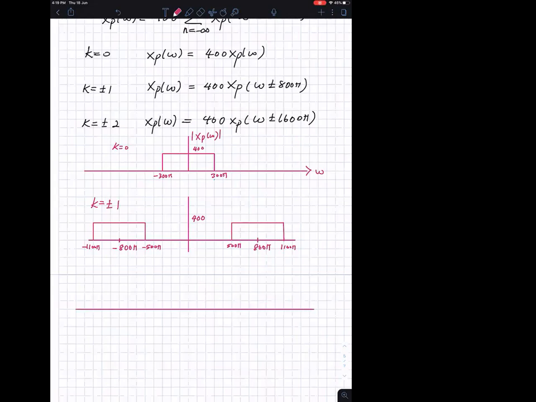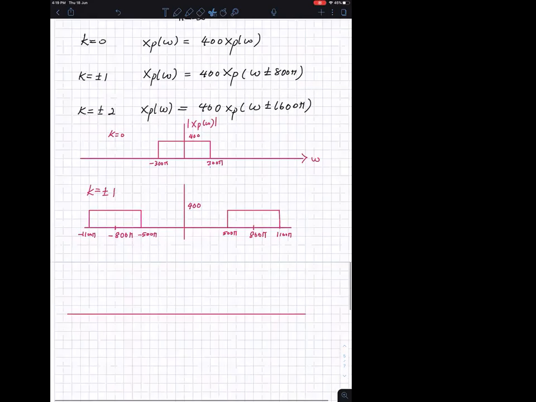Next one, when k is plus minus 2, maybe there's no place to draw this. Okay, let me move it a little bit.